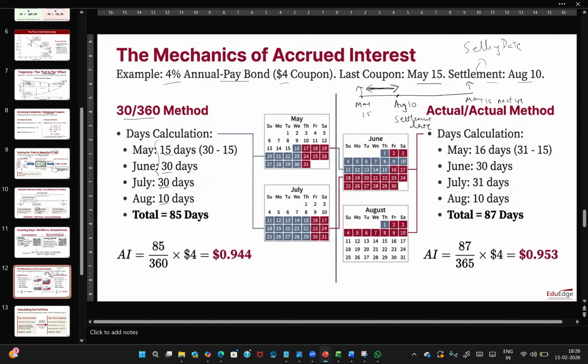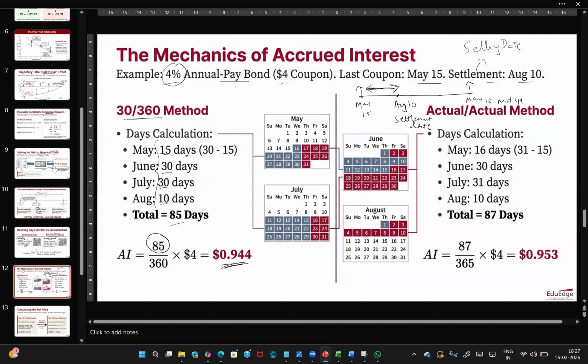So when I add all these, we get 85 days. So accrued interest will be total days held, which is 85 according to this method, divided by 360, into 4. 4 is my annual coupon. So this is the accrued interest which the seller or the investor of the bond should receive apart from the quoted market price. So clean price plus accrued interest is what the seller should receive. So that is the accrued interest calculation for 30 by 360.